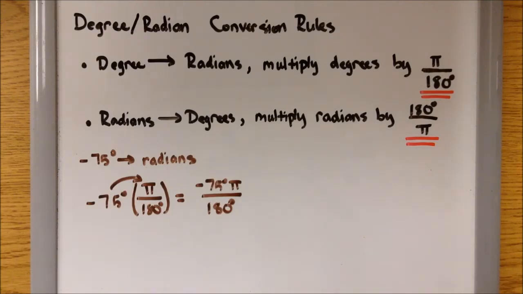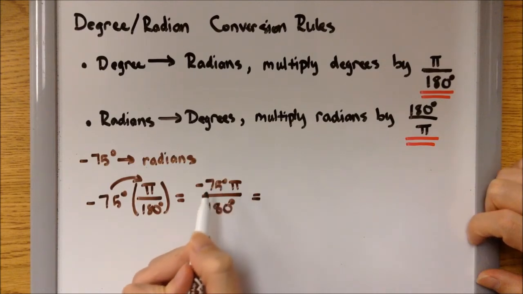Now, what is in common between 75 and 180? Well, since 180 ends with a 0, that means you can divide it by 5. So I'm going to divide top and bottom by 5.